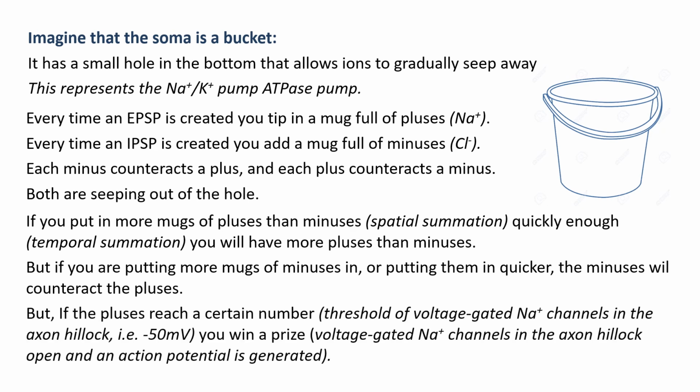So, if the pluses reach a certain number, in other words, the threshold of the voltage-gated sodium channels in the axon hillock, i.e. minus 50 millivolts, you win a prize. The voltage-gated sodium channels in the axon hillock open, and an action potential is generated. So you need more pluses in your bucket, and you need to put them in quite quickly.